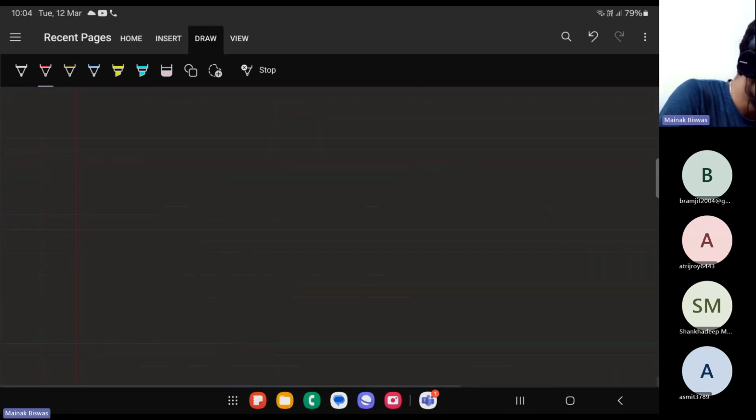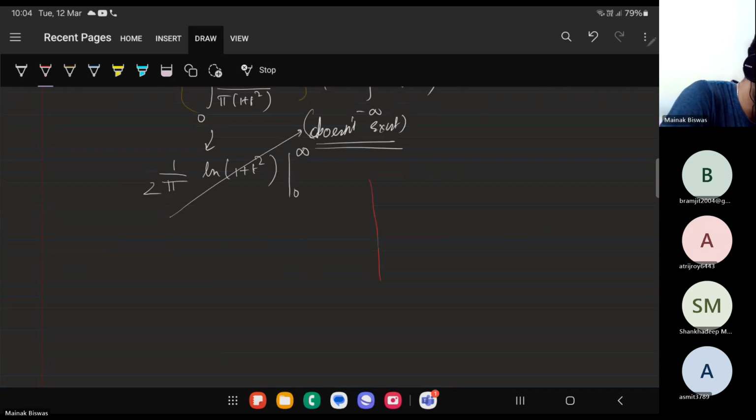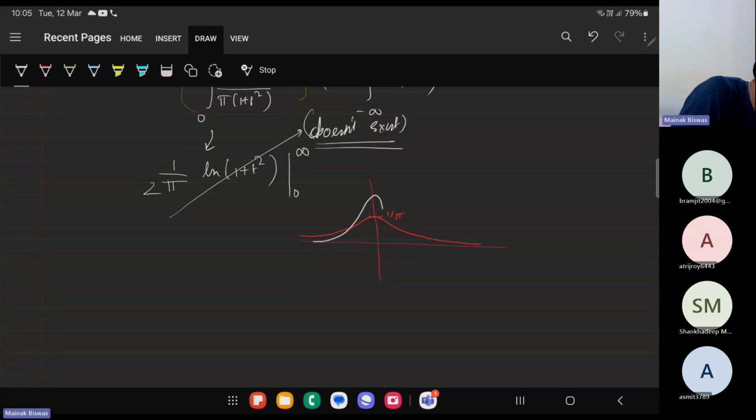I showed you for T1, the tail is very long. That guarantees the distribution must be flatter because the area has to be still 1. The expected value is not converging. The tail is long. This is equal to 1 by pi. But this is your normal distribution, very fast convergence. This is normal 0, 1. This is your T1.